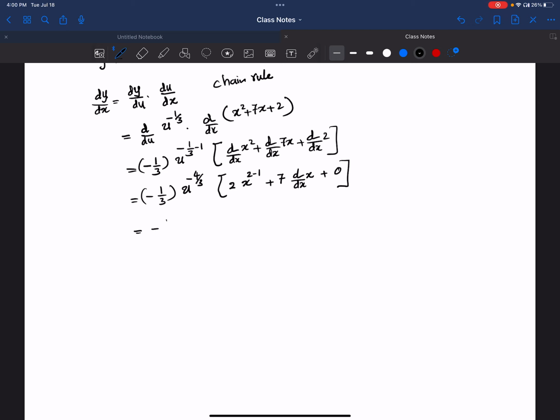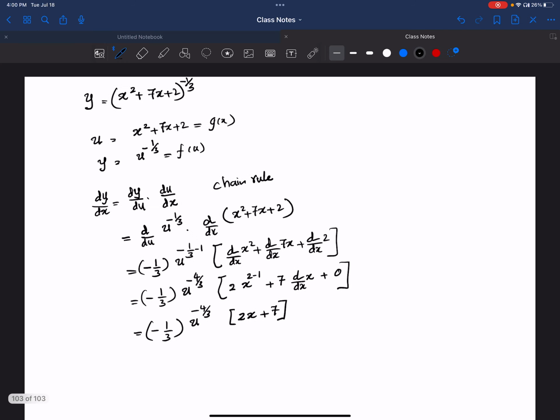And here you have negative one third u to the power negative 4 thirds, and then you have 2x plus 7.